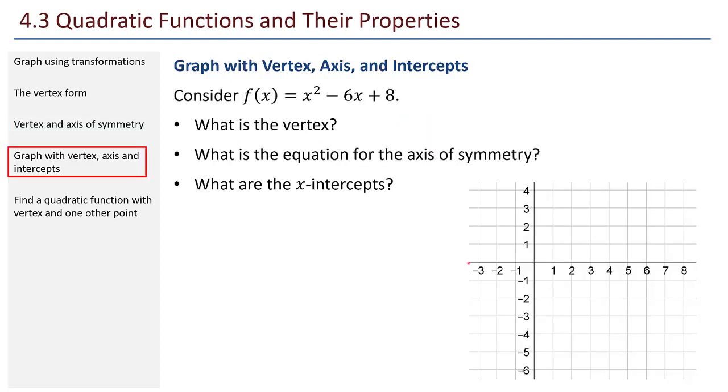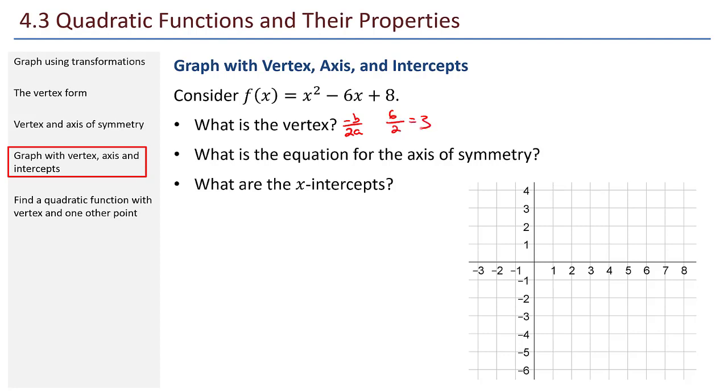Graph with vertex, axis, and intercepts. We're given a function, and if I can figure out the vertex, the axis of symmetry, and some intercepts, that will help me graph it. So what is the vertex? First of all, like we've been doing, negative b over 2a, I get 6 over 2, which equals 3.